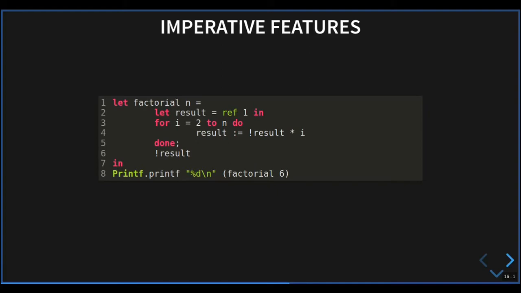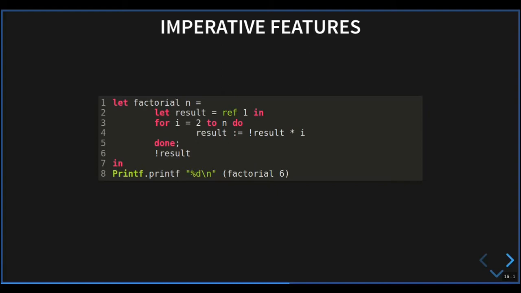Mutable variables are a bit more complicated. We create a variable that we can mutate using this ref constructor, and this creates a reference object that we can later mutate.